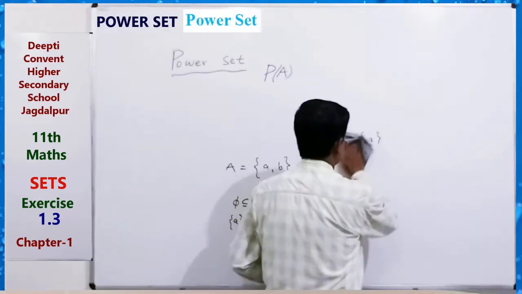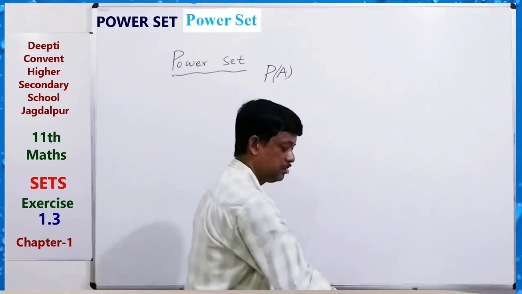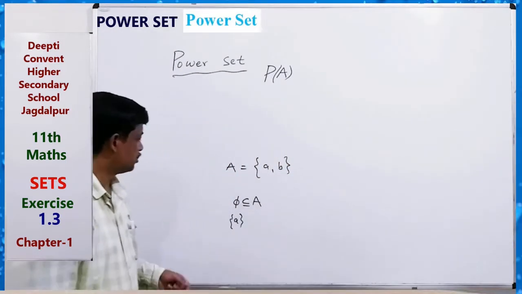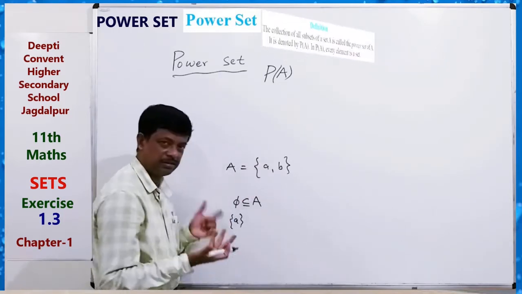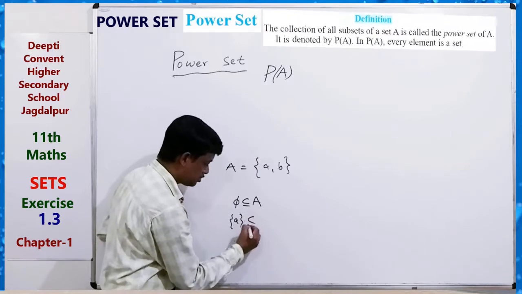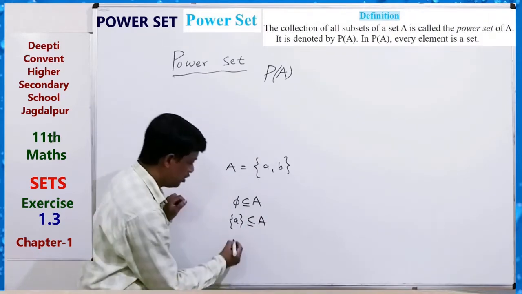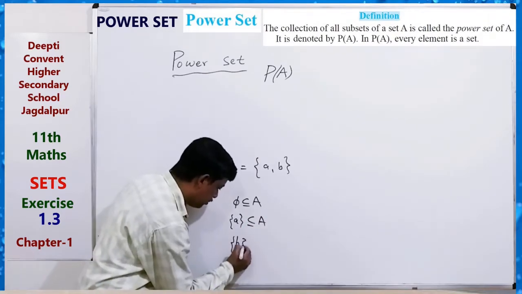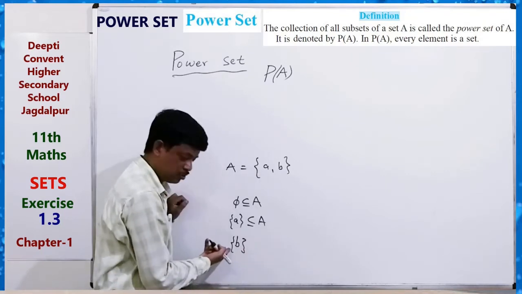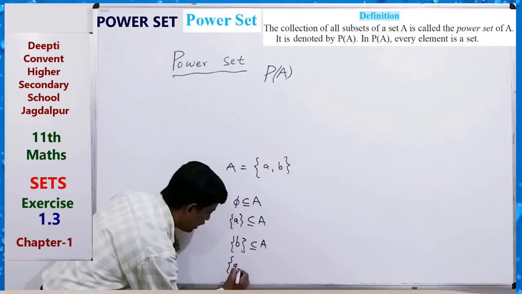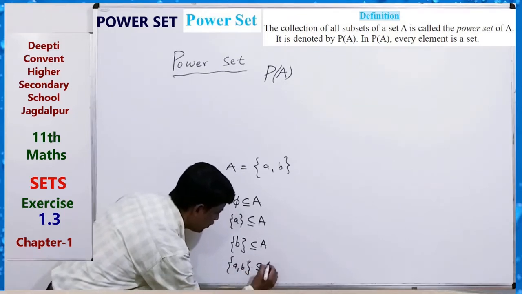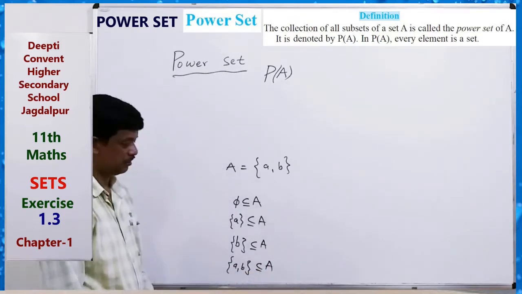Then we say that is a singleton set. So taking one element, only A, we can make a set that is also a subset of A. We can take only B, which is also a singleton set and a subset of A. We can take both A and B. This is also a subset of A.